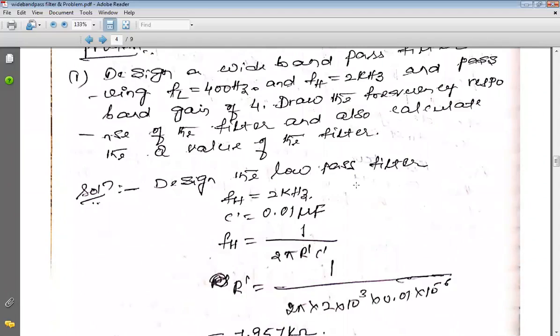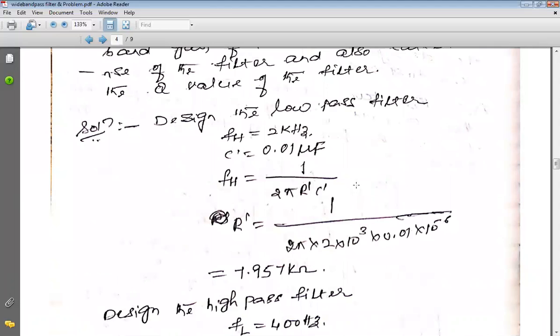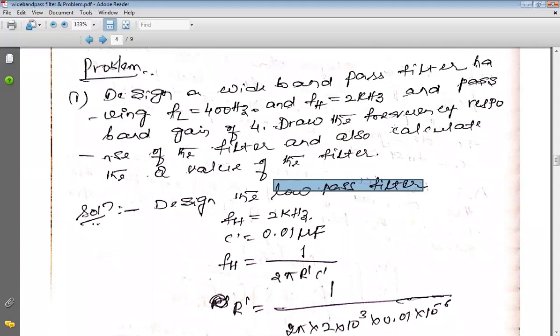in the problem. First we will discuss the design of the second section, that is the low pass filter section. It will pass the lower frequency signals and cut off the high frequency signals. That's why the higher cutoff frequency FH is 2 kilohertz.